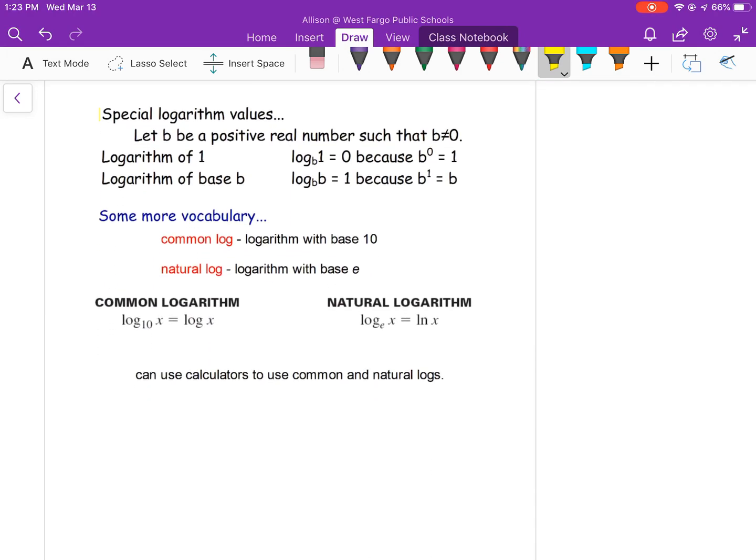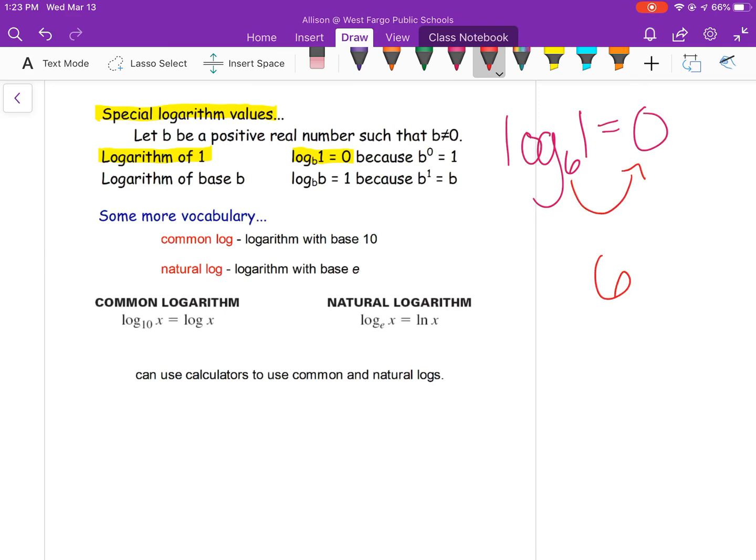There are a couple special logarithm values, like the logarithm of 1. If you have any base and you have log of 1, it always equals 0. It doesn't matter what your base is, if you have log base 6 of 1, it's going to equal 0. And the reason that works is because you take the base, any base, but this one's 6, to the 0 power, it always equals 1.